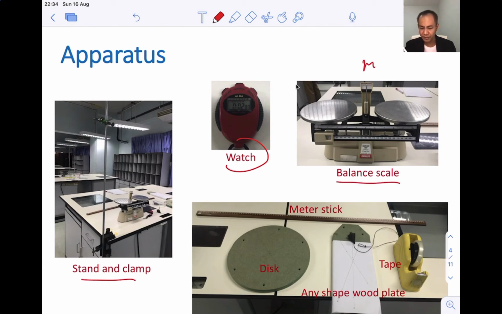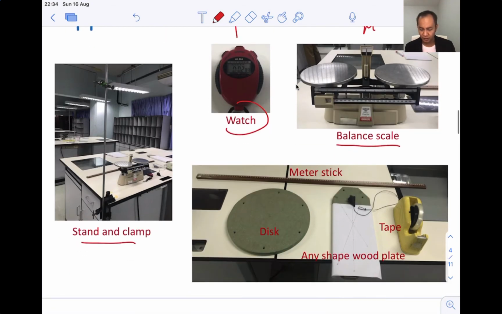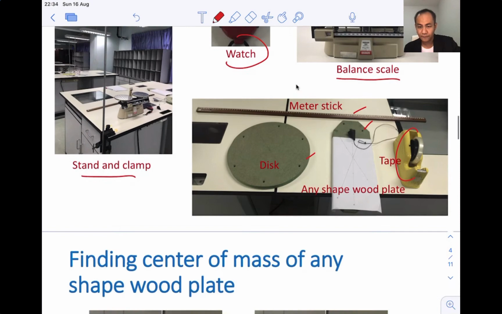We can determine the time period, and we have a disc, we have a metal stick, and we have any shape wood plate here and tape to stick the paper around the wood shape plate. Okay.